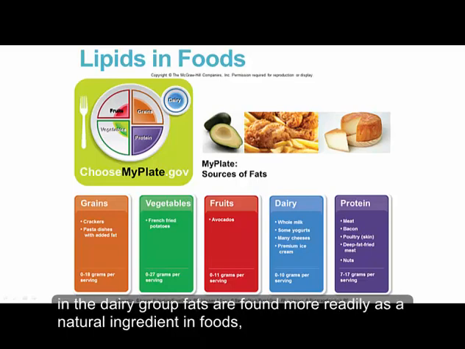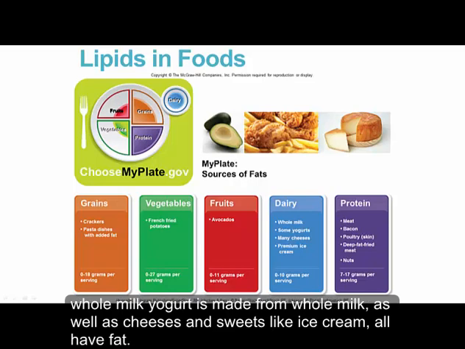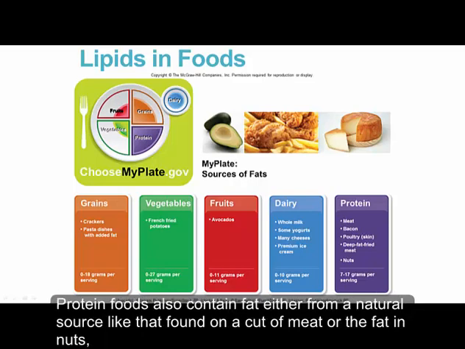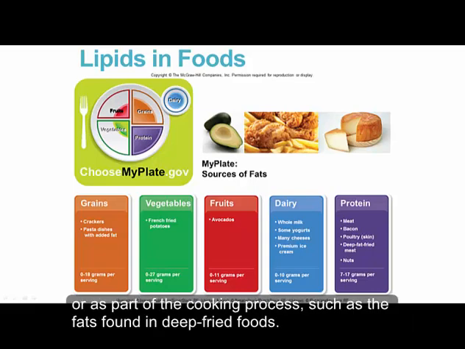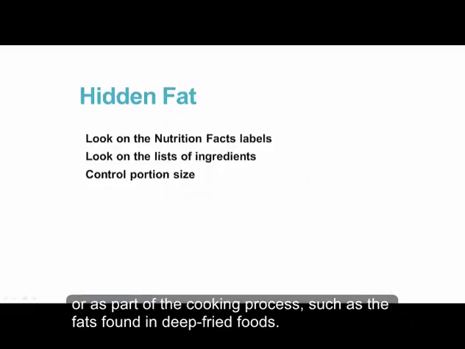In the dairy group, fats are found more readily as a natural ingredient in foods. Whole milk, yogurt made from whole milk, as well as cheeses and sweets like ice cream all have fat. Protein foods also contain fat, either from a natural source, like the fat found on a cut of meat or the fat in nuts, or as part of the cooking process, such as the fat found in deep-fried foods.